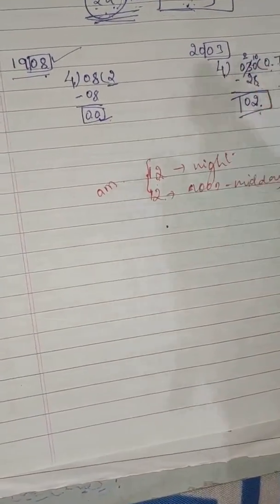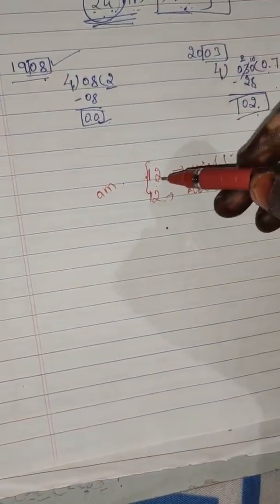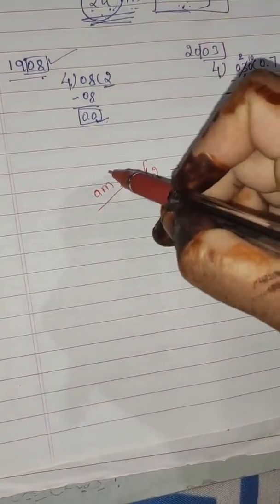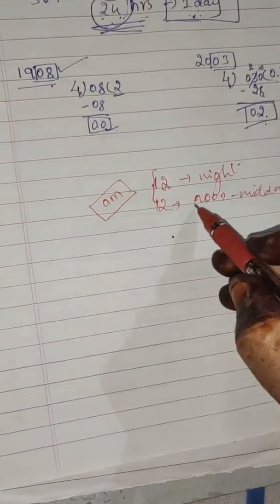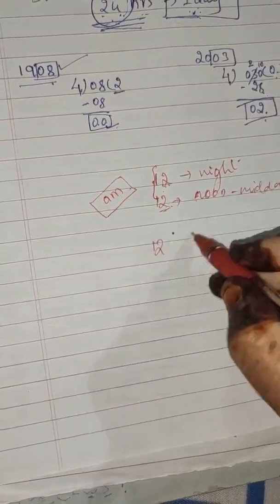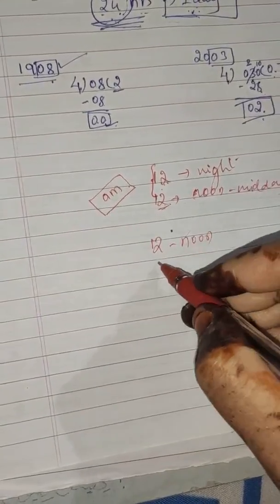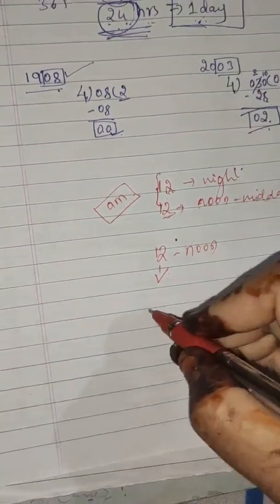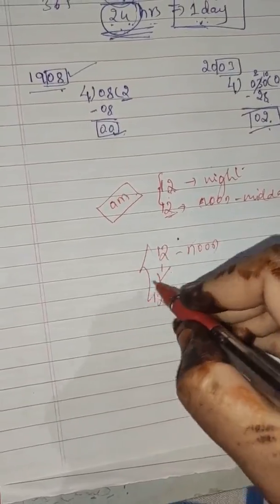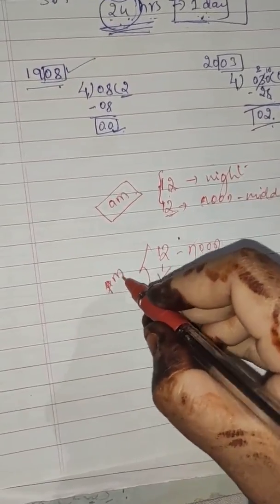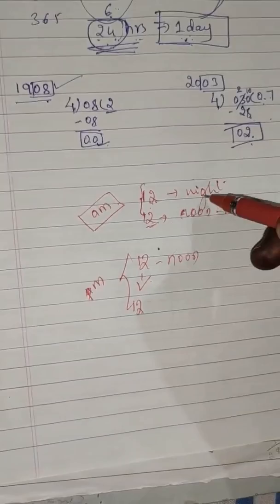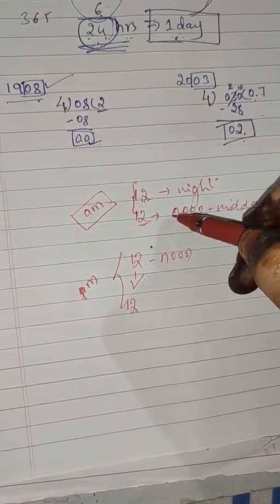The time between night 12 o'clock to morning 12 o'clock will be considered as AM. Next, the time from midday, from noon to the next midnight, will be considered as PM. It's vice versa. From night 12 to noon, it is AM.